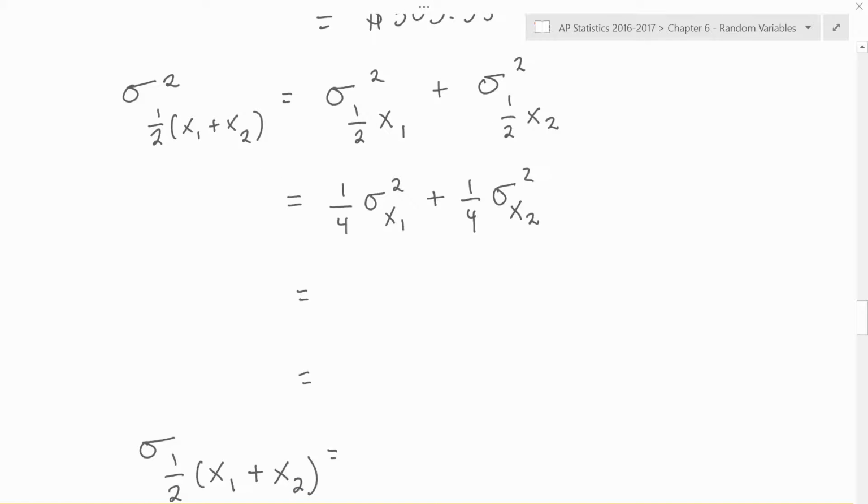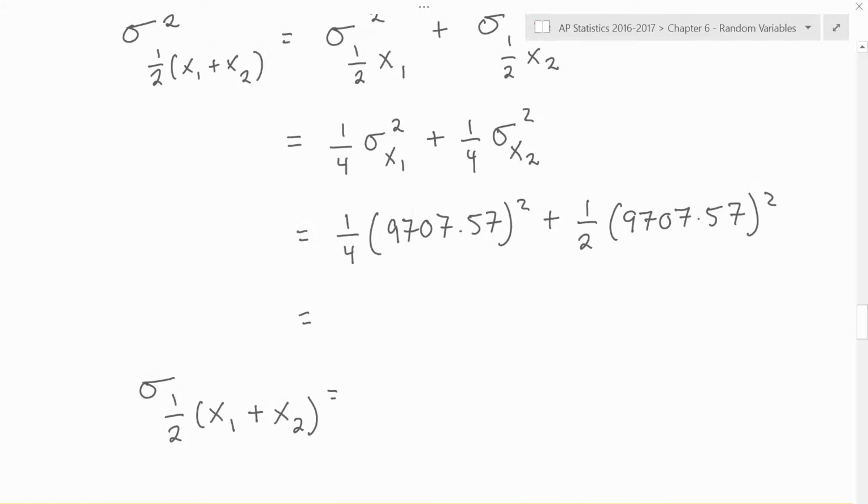At this point, I've done everything I can with properties of random variables. Now I'm going to plug in the values. Okay, when I do this, I get a pretty large number, 47,118,457.65.